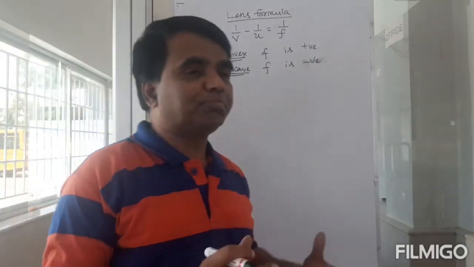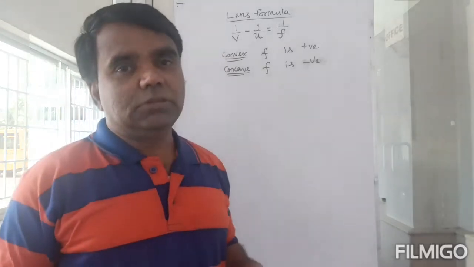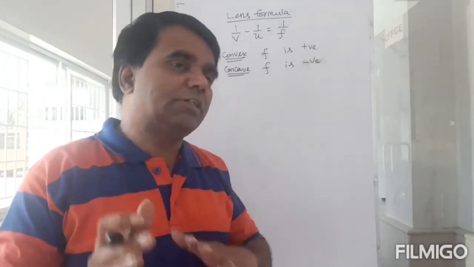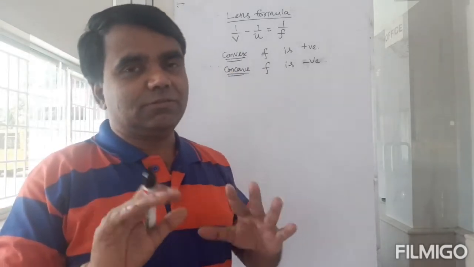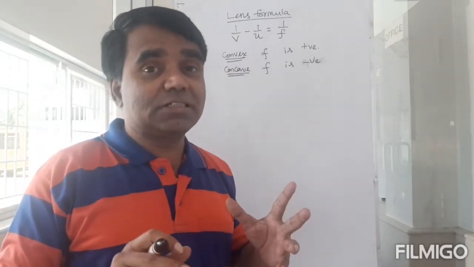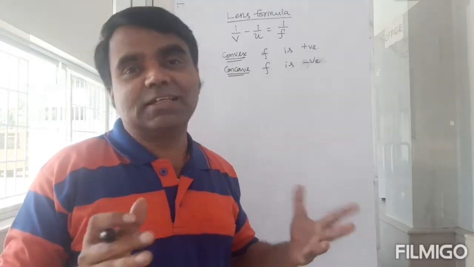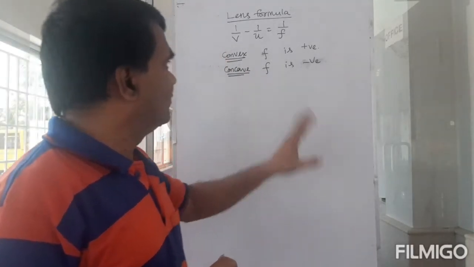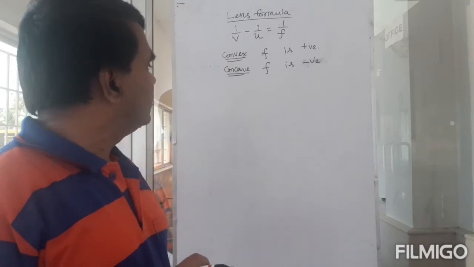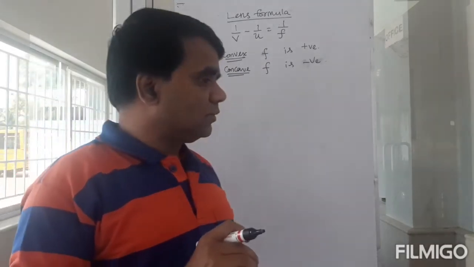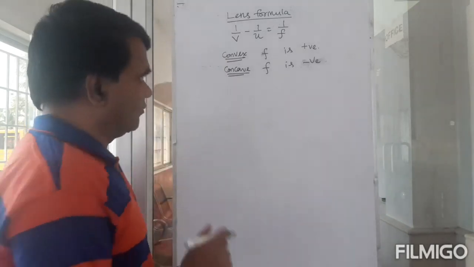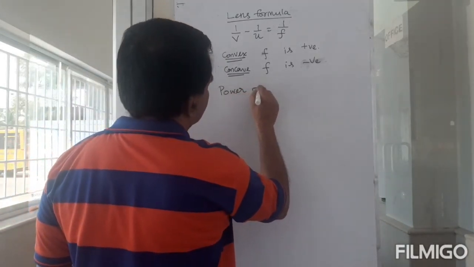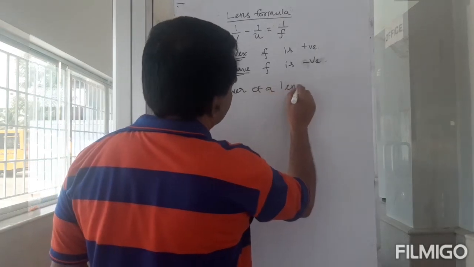So for plano-convex, plano-concave, and convexo-concave, whether it is a net positive or a net negative decides what type of lens it is. Anyway, now we are going to talk about the power of a lens.